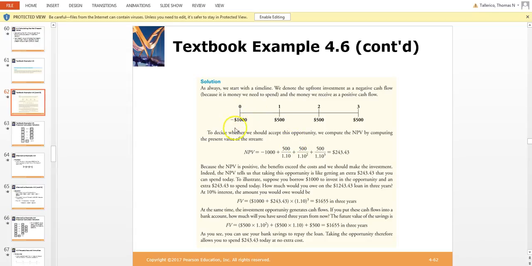Your initial investment here is negative 1,000, and here are your cash flows. You can go through this whole thing, and you should wind up that your net present value is larger, so the investment is worth doing at a 10% cost of capital.